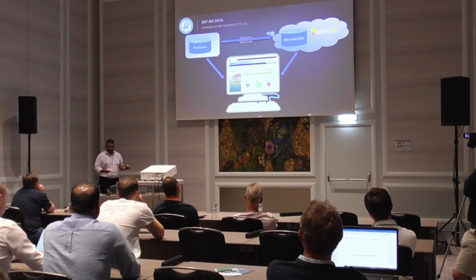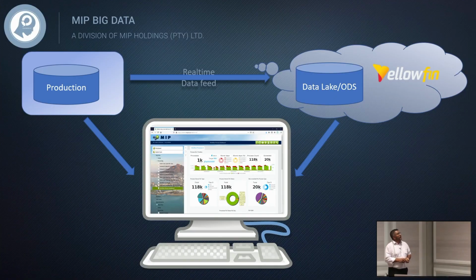Okay, so this was actually the objective. Again, that gives you an idea of what our system looks like. We've got a little menu structure on the left, and you can click on all of those menu structures, and it will open up operational screens which are sourced from our production server.